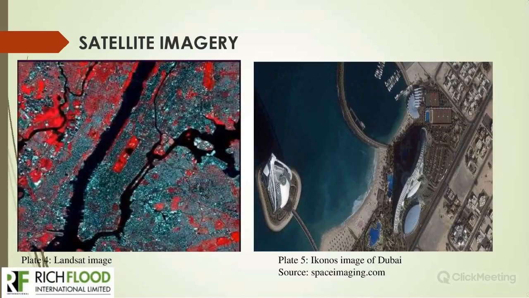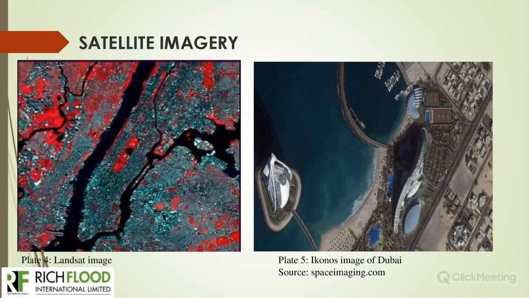So this is a typical diagram of satellite imagery of how it looks, and the spatial resolution, in terms of the size of the image you can discern from this satellite imagery, will determine the type of satellite imagery you could go for. This shows a comparison between the Landsat imagery and Ikonos imagery, and we could observe that in the Ikonos imagery, the objects are more visible compared to the Landsat imagery.